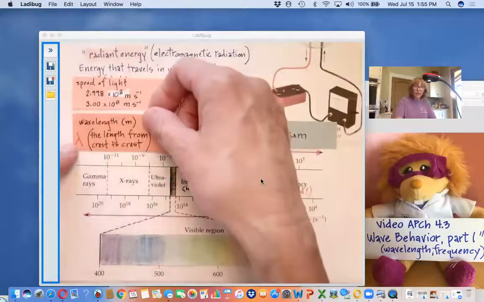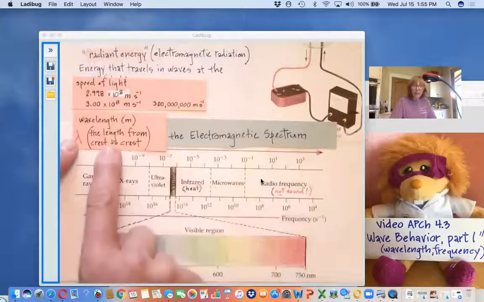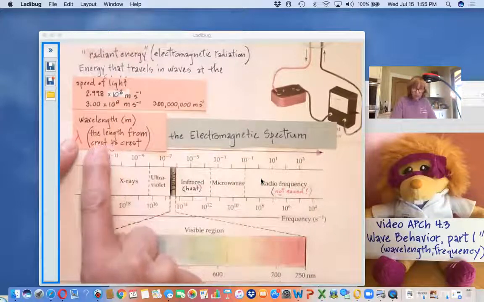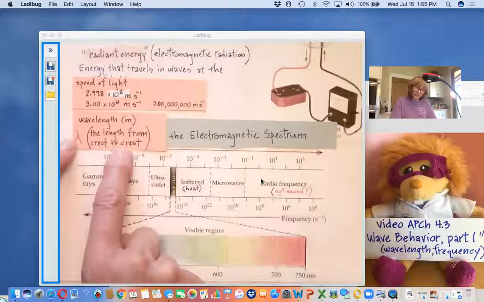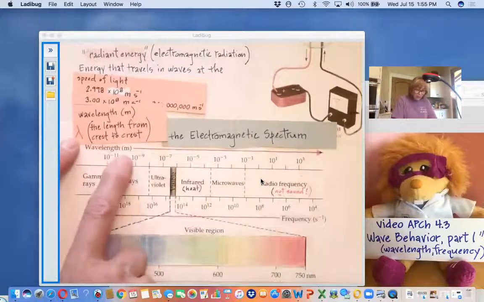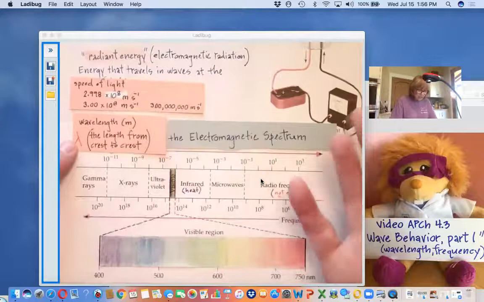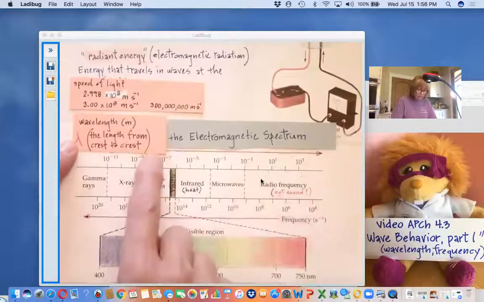One is wavelength. Wavelength is defined as simply the length, physical length from crest to crest. In this spectrum, we're comparing wavelengths in meters, but wavelength could also be measured in centimeters or nanometers or any length unit.